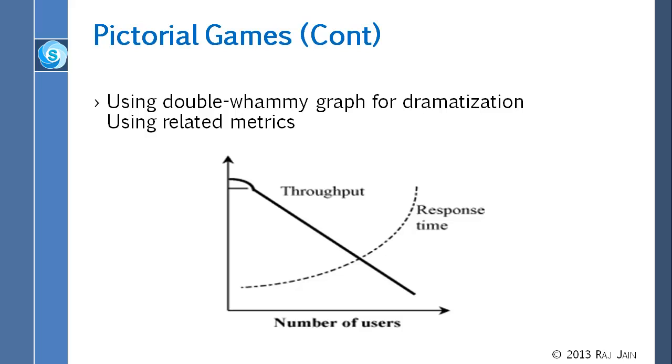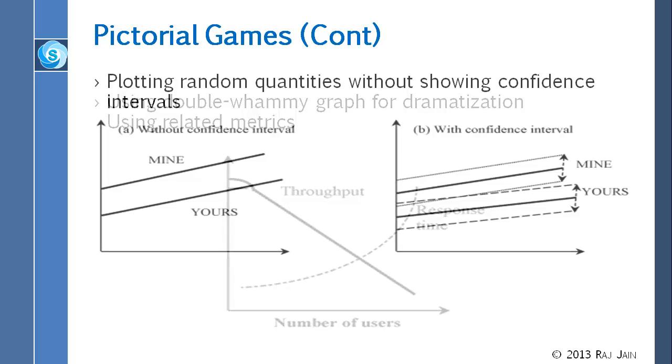And then plotting random quantities without showing confidence intervals. So here is a graph which says that this is my performance, this is your performance, mine is much better than yours. Looks like it, right? But if you really had to plot the confidence interval, which we'll talk about later on, and we will learn a technique here that the confidence intervals allow you to compare two, and only if they don't overlap.